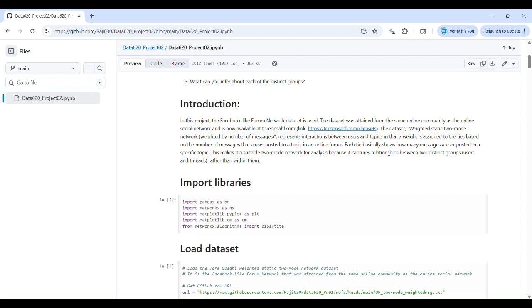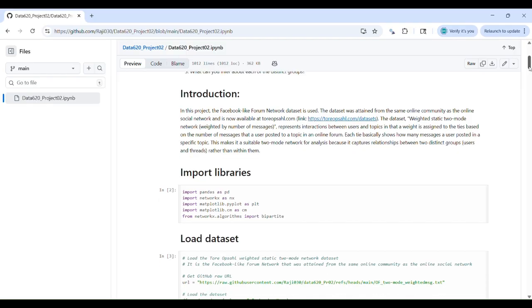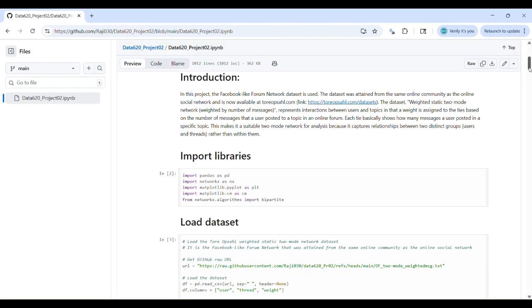So this is basically a users and topic interaction dataset. This makes this dataset a suitable one for our analysis, as it captures relationships between two distinct groups, users and threads, rather than within them.